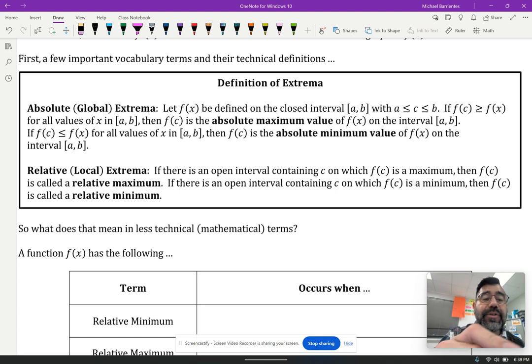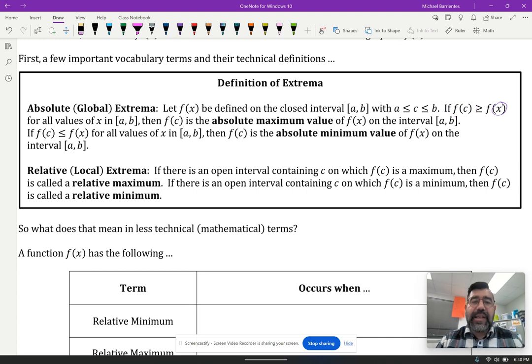If I have a function defined on a closed interval, so I know where I'm starting and ending and I'm including those endpoints, and there's a c value in between, I know I have an absolute maximum if f of c, the y value of that x value between a and b, is bigger than or equal to any other value in the closed interval, right?